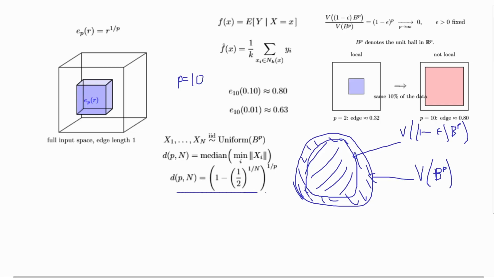There's a handy formula which gives this in terms of n and p, so we can just plug in numbers. Plugging in, say, dimension 10 and 500 data points.